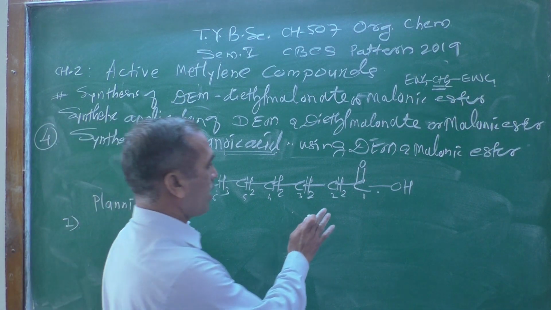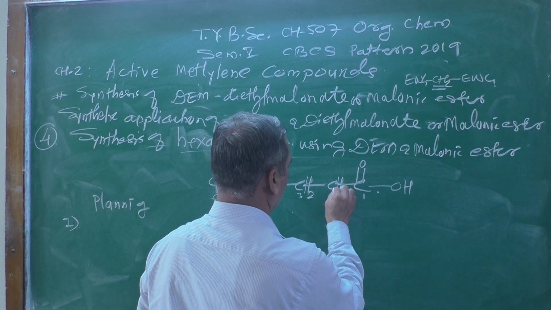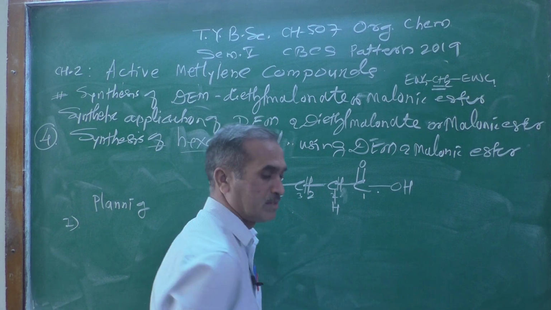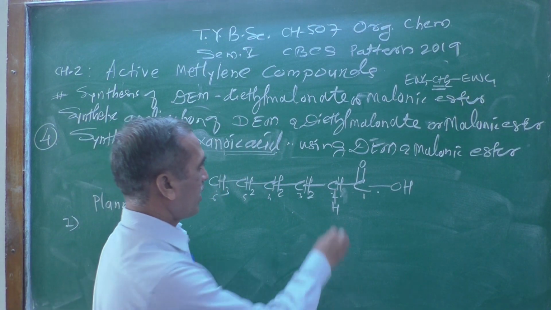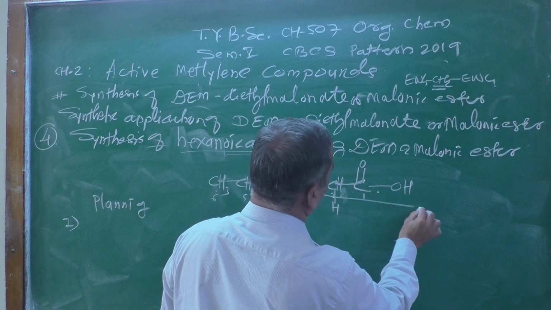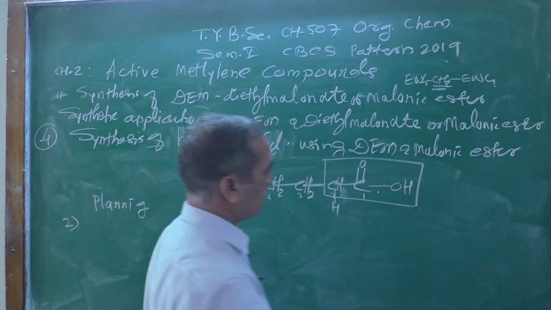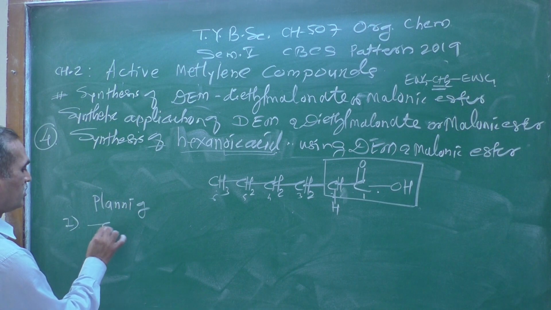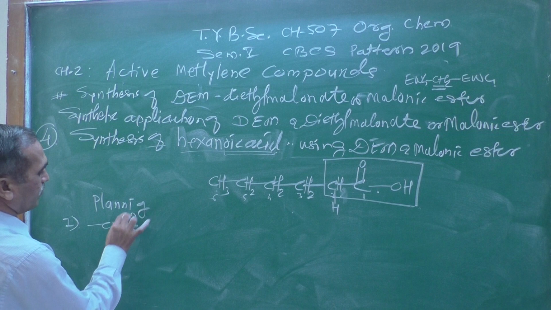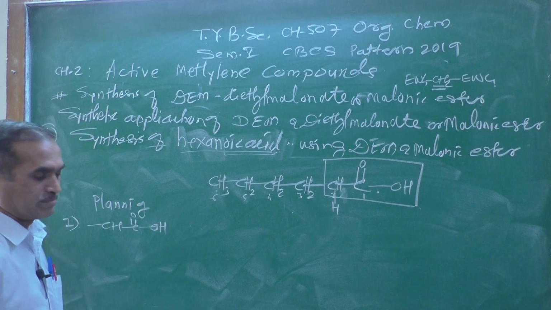Here once again I am showing this organic compound this way, and I am highlighting this part of the hexanoic acid like this, CH, C double bond O and OH.